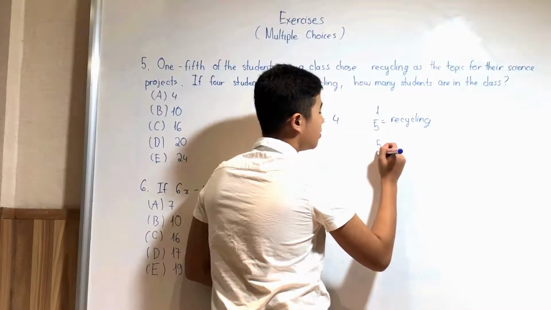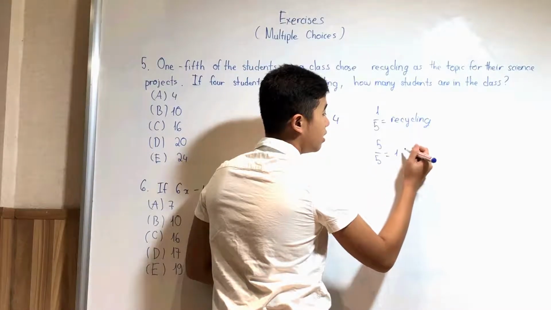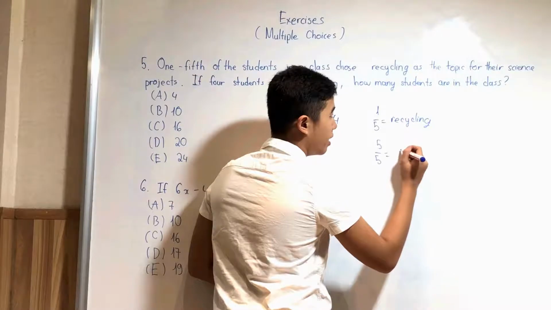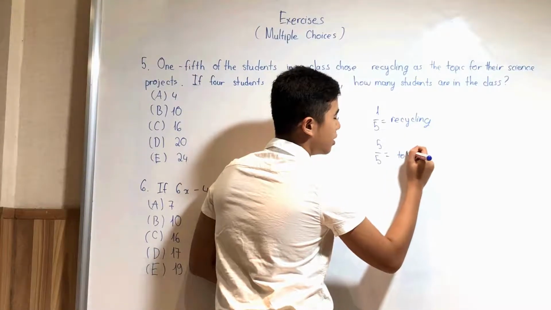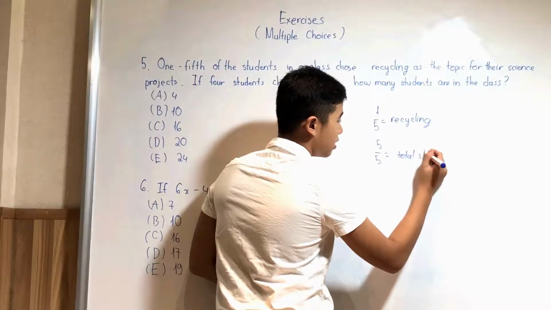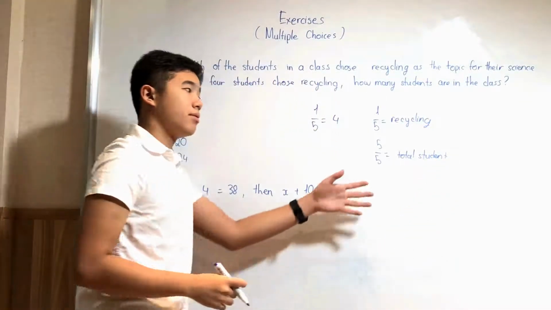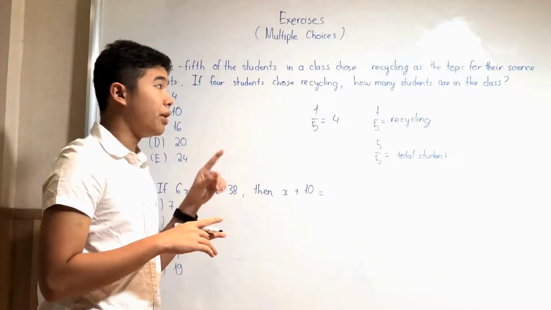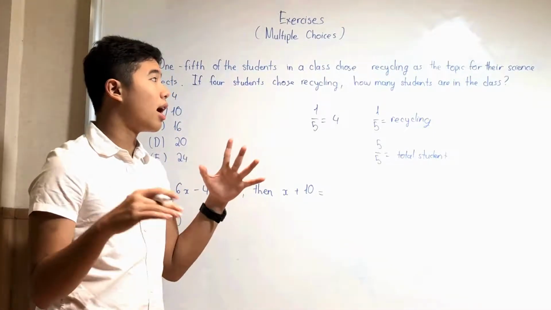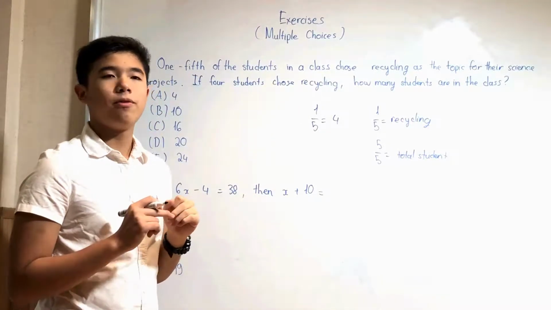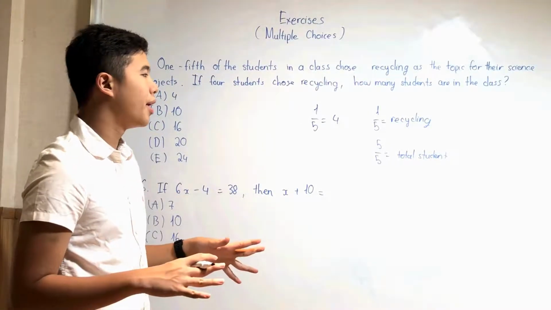So 5/5 is equal to 1. 5 over 5 of the class will be the total students. 5/5 is equal to 1 means 1 class. That means how many students it is. So we have 1/5 is equal to 4.